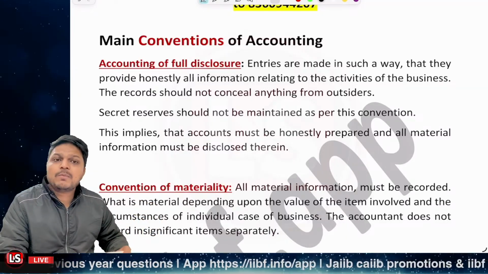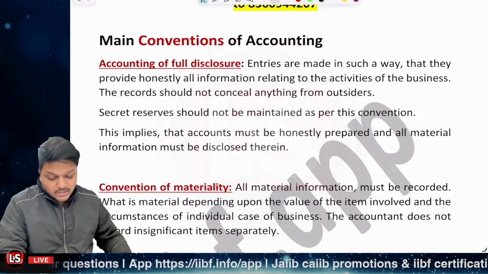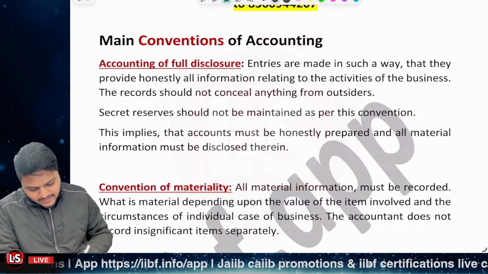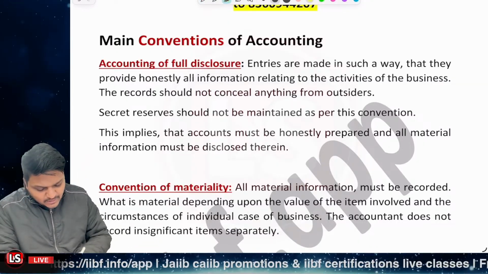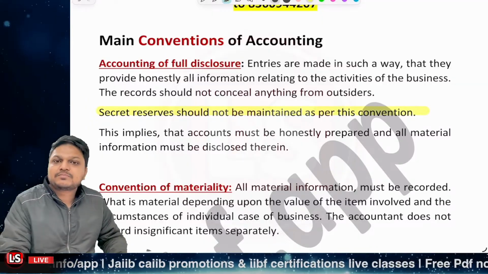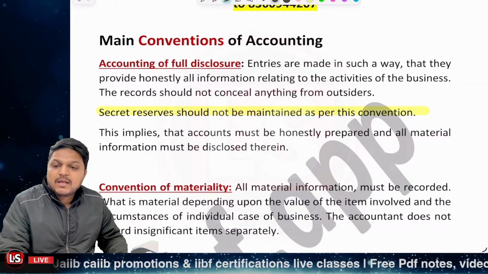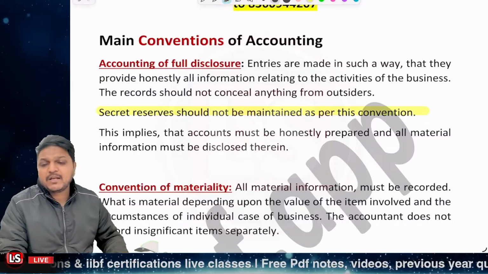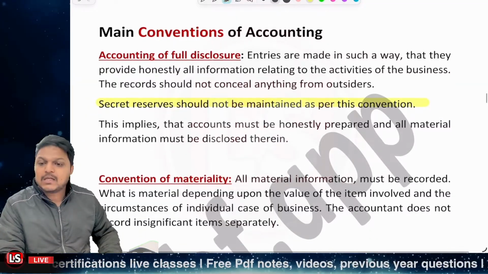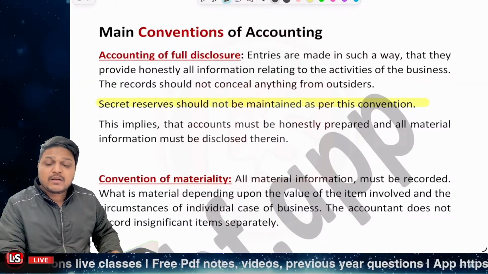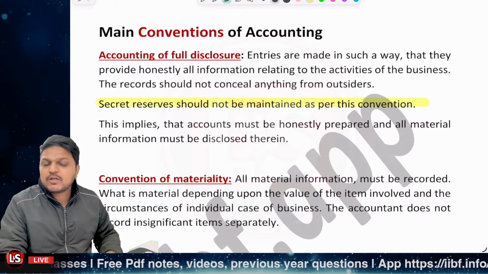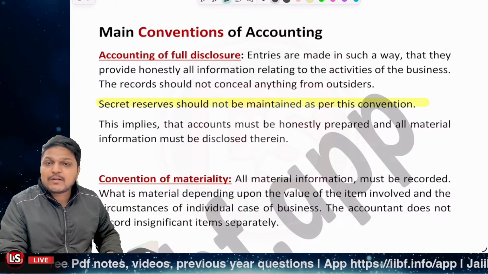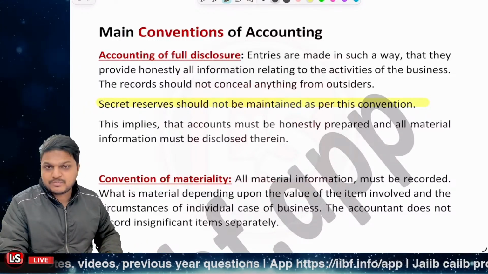Secret reserves should not be maintained, right? That's a very important point, that we are not to maintain any secret reserves. And the accounts should be prepared very honestly, and whatever is material, whatever could matter, should be disclosed.